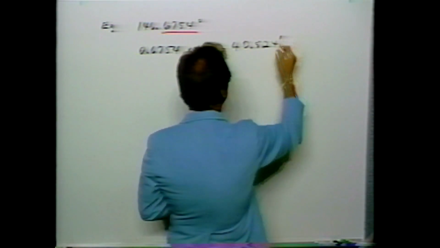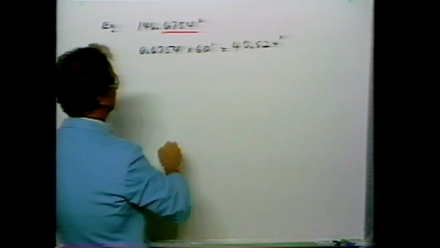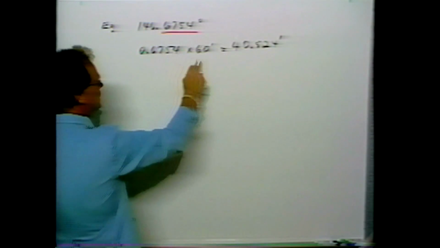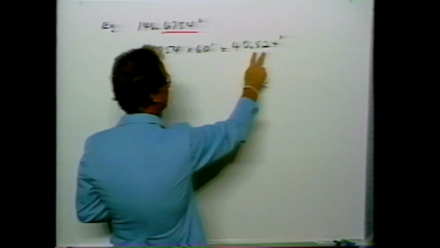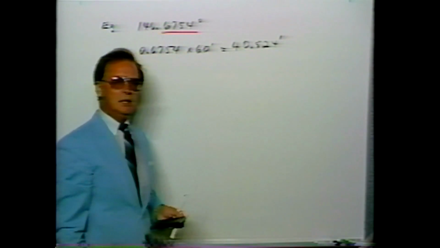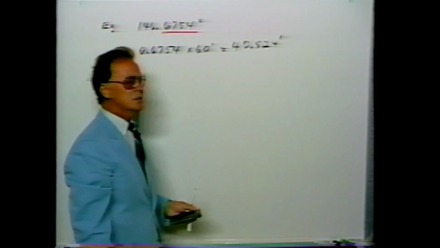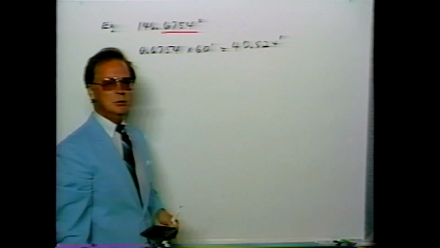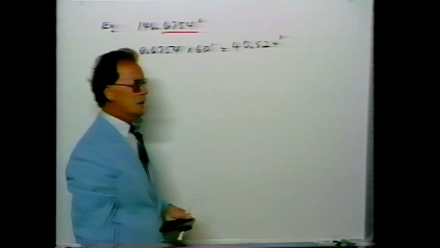So now we have the answer so far is 146 degrees 40 minutes. This is a portion of a minute, and a minute is equal to 60 seconds, so we're going to change the decimal portion of that minute into seconds.